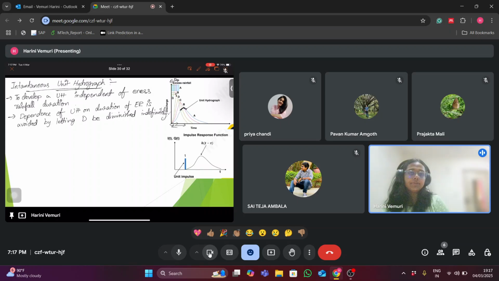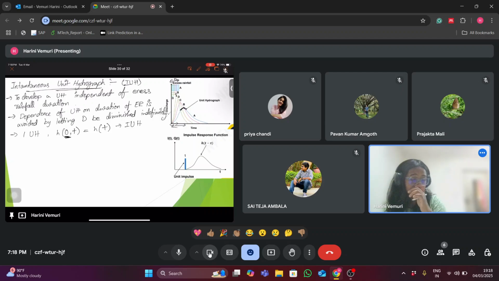Therefore, the unit hydrograph obtained in this case is called the instantaneous unit hydrograph. The instantaneous unit hydrograph is also represented as IUH.